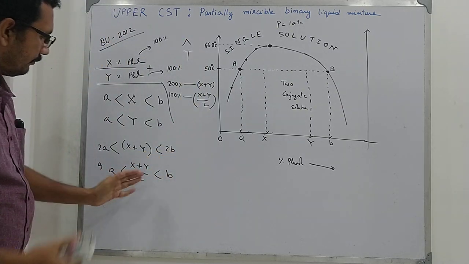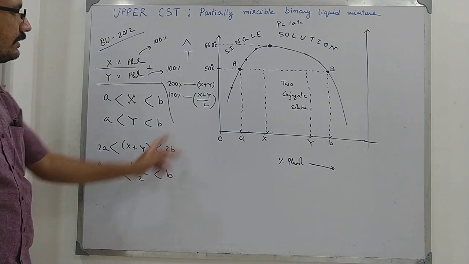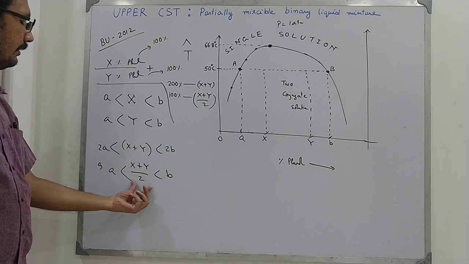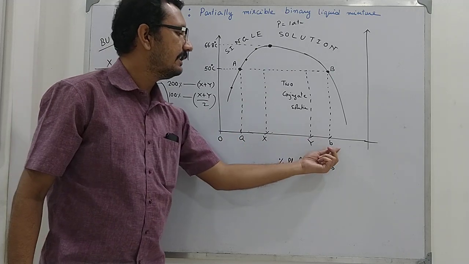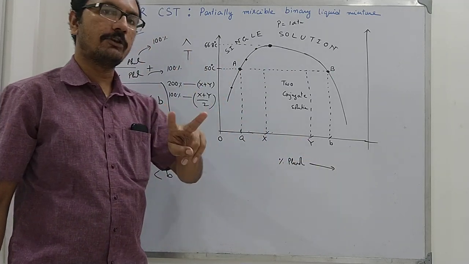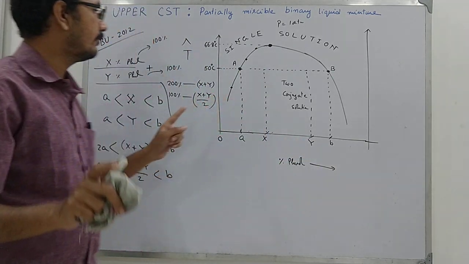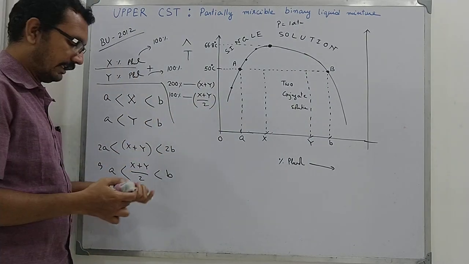So from our analysis we get that the mixture having a composition (x+y)/2 will also remain between A and B. So it will form two conjugate solutions and not a single solution. This will happen to the solution.